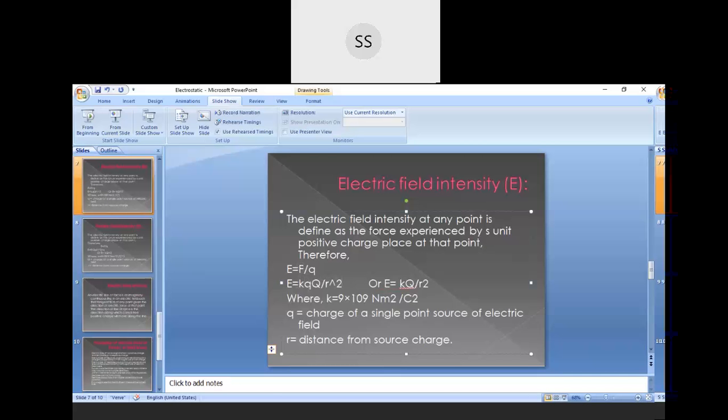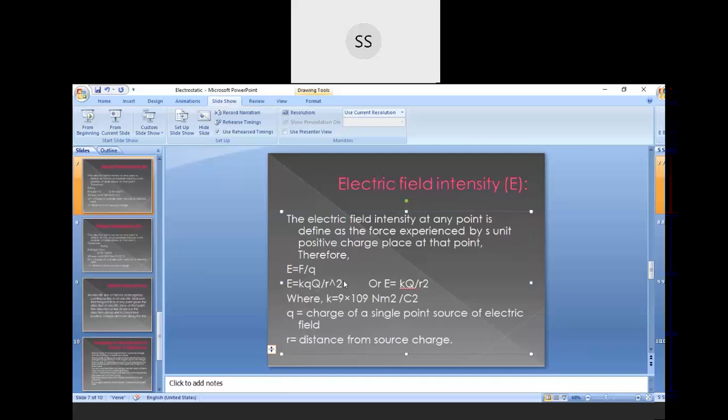Since there are two charges here, one is the unit positive charge and the other is the source charge, we take the magnitude of the unit positive charge as small q and the magnitude of the source charge as capital Q. So this is the value of F, kQq divided by r square.